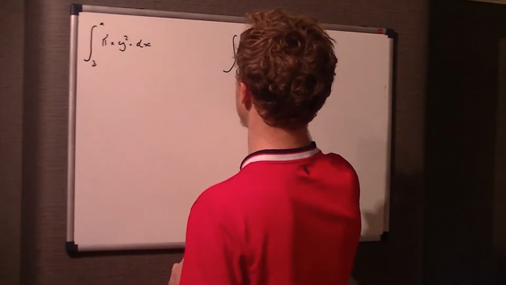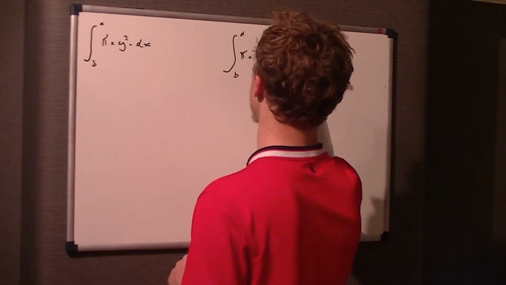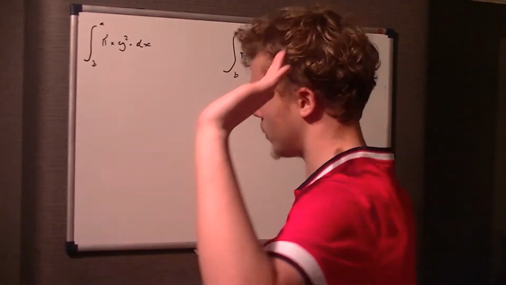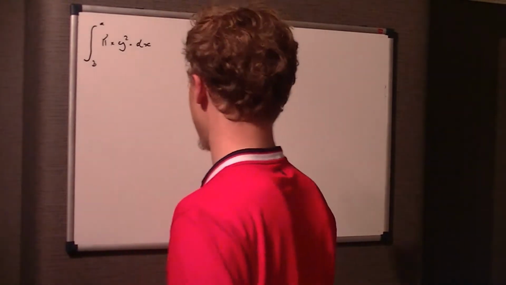So we've got the same limits a and b. So it's pi times x squared with respect to y, because when y equals x take 1, x equals y plus 1. Simple rearrangement. That curve was a completely made-up curve.